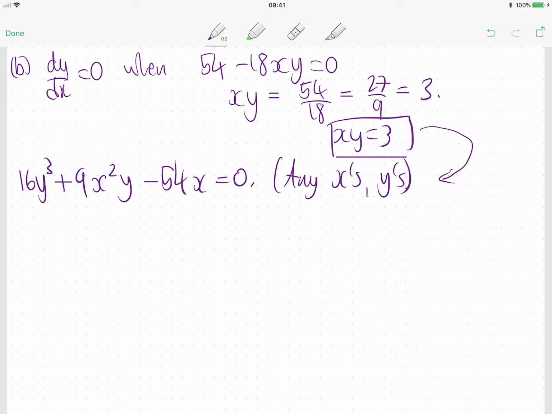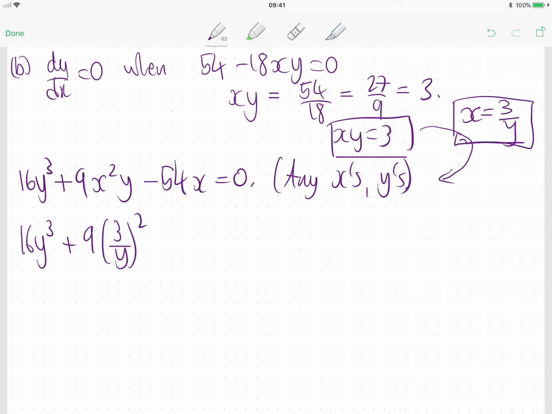So let's do x is the same as 3 divided by y. And I'm going to put this in. So I get 16y cubed. I didn't want to touch that y cubed. 9x squared times y, take away 54x equals 0.